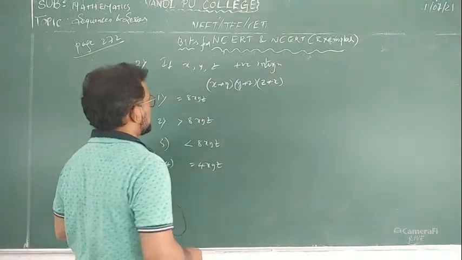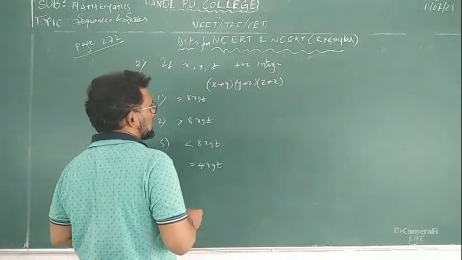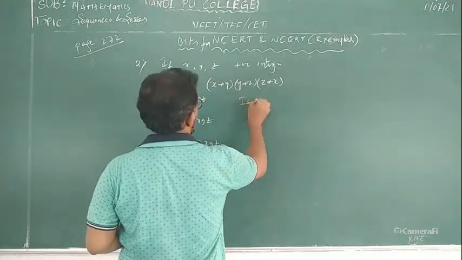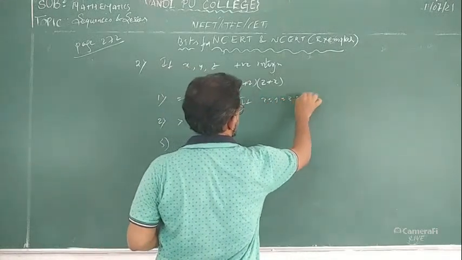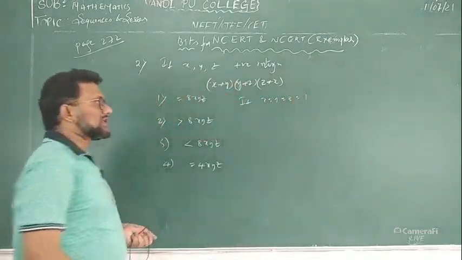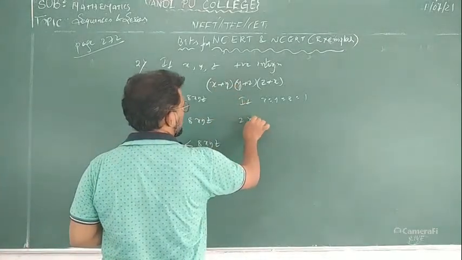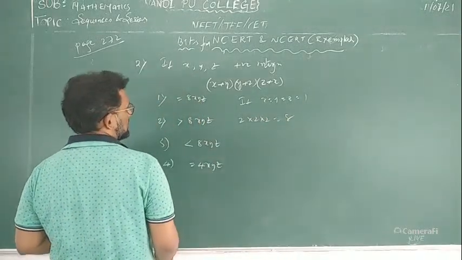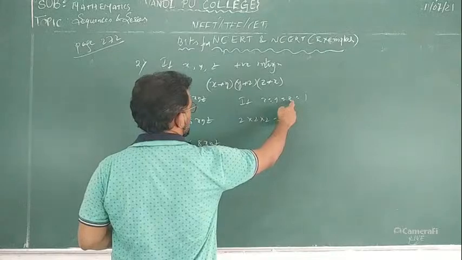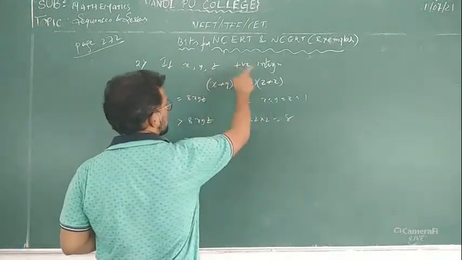So x, y, z are positive integers, then what would be the value? For example, if x is equal to y is equal to z, and I take the least value 1, then automatically this value will be 2 into 2 into 2 is 8. If you substitute x equal to y equal to z here, it may be correct, but we substituted the least positive integer 1.